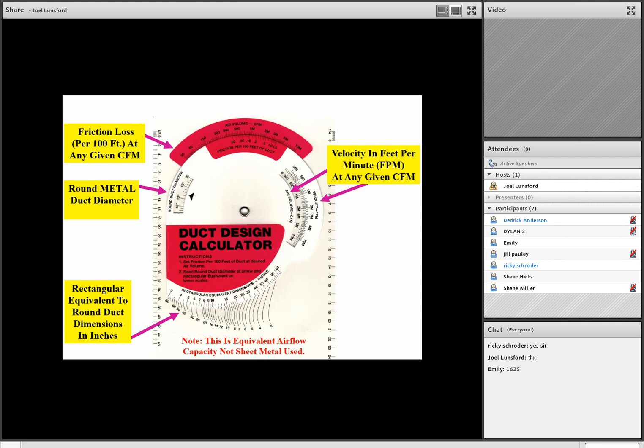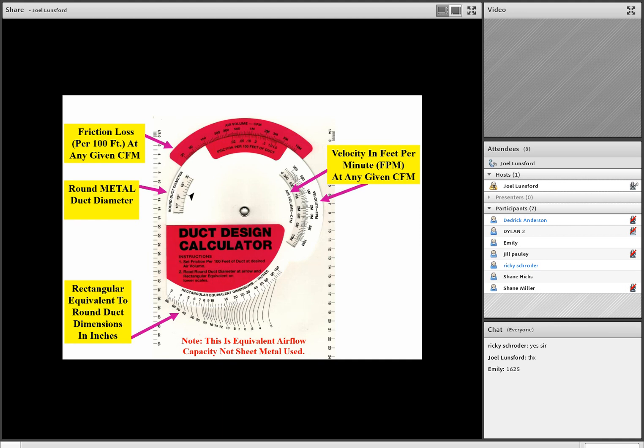And so this is one of the issues that we see a lot in the field, the fact that contractors will build a duct system but do not take into account the velocity or the CFM being delivered in that duct system, and then the ultimate check and balance, if you will, the friction loss that the duct system is providing against the fan's static pressure.